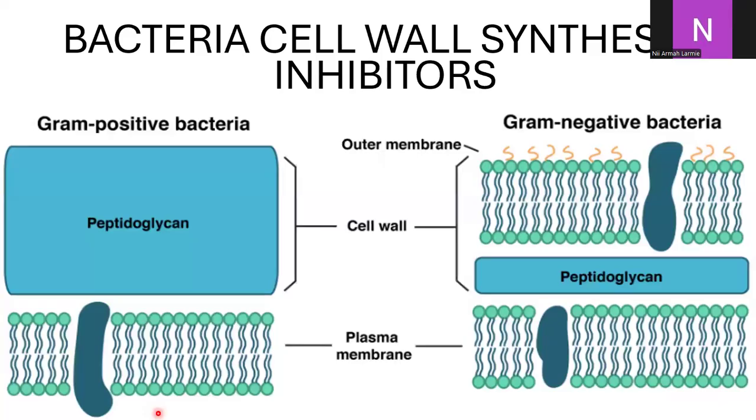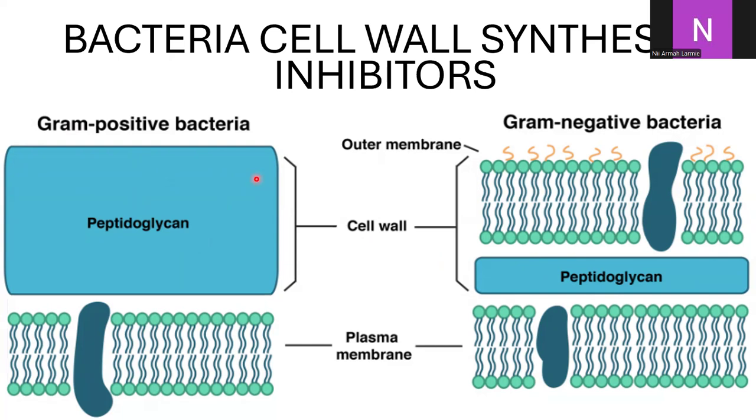So now let's take this general picture again. This is the cell wall of gram-positive and gram-negative bacteria. Again, we notice that there's the peptidoglycan in both gram-positive and gram-negative. Howbeit, in gram-positive, it's thicker. In gram-negative, it is narrower.